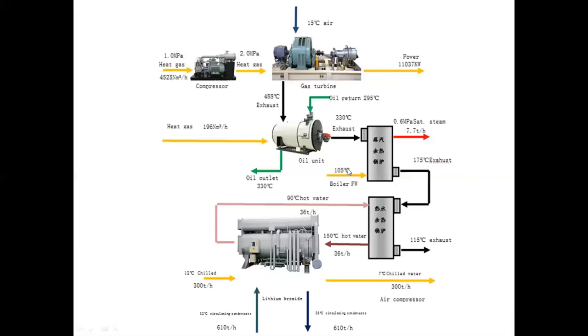We're putting in liquid boiler feed water at 105, and producing saturated steam at 0.6 megapascals, and that's 7.7 tons an hour. A ton is 2,200 pounds, US pounds an hour per ton. So that's a significant steam generation.